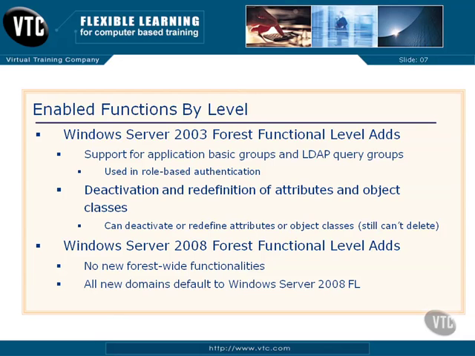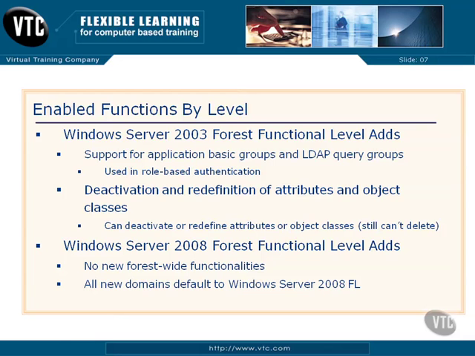Then notice this is kind of odd, and becomes a trick question on the exam, or it could trip you up. I hate to use the word trick question, but Windows Server 2008 Forest functional level, what does it add? You won't see this very often. No new forest-wide functionalities in Server 2008 at the Forest functional level.